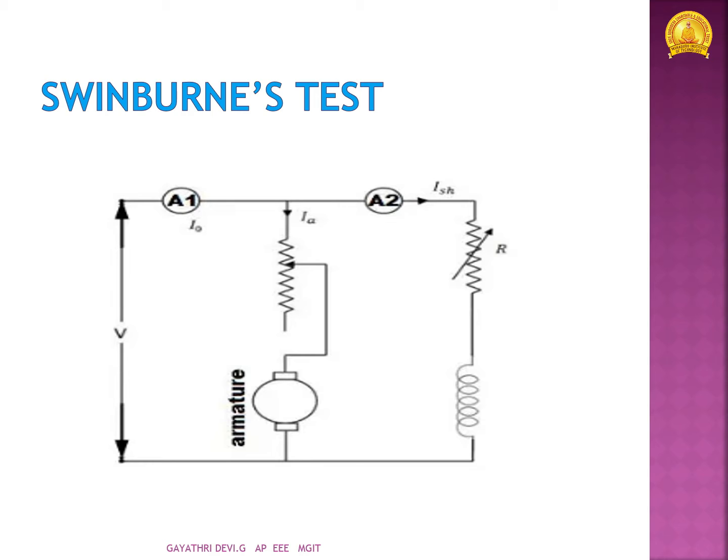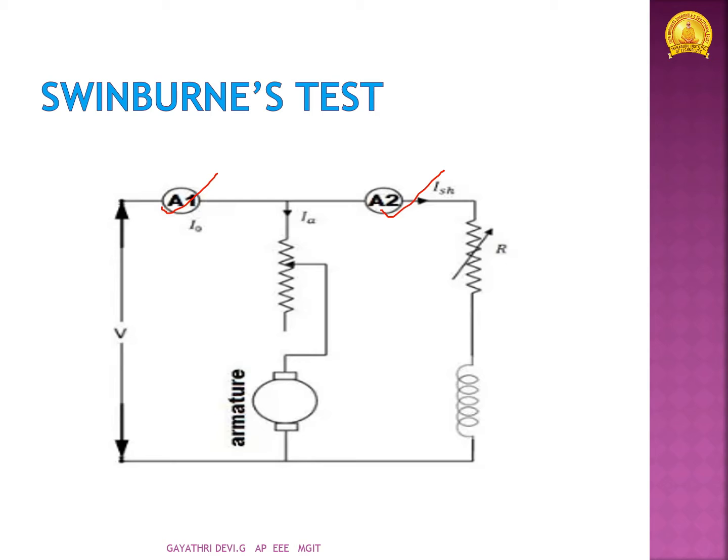Here in the figure, A1 represents the ammeter which measures the no load current, and A2 measures the shunt field current. That means the current which is offered by the field of the motor.